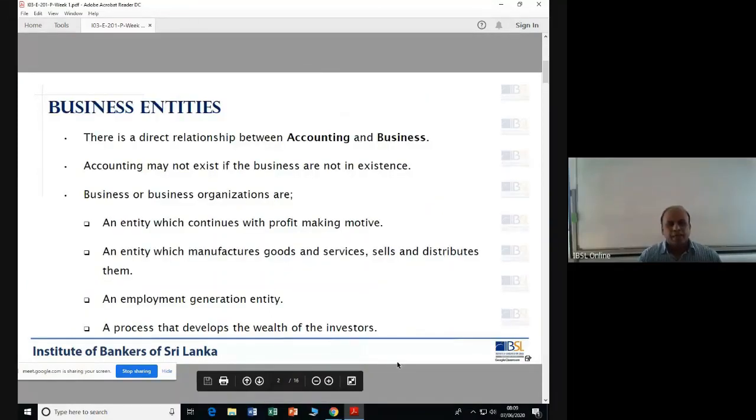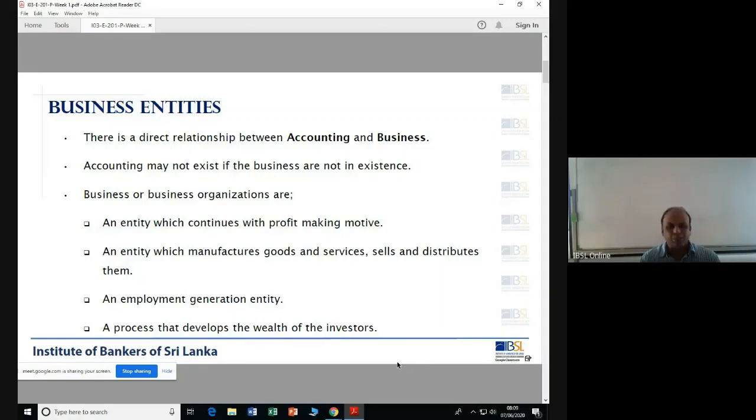There is a direct relationship between accounting and business. Why would I say that? Every business concern has to be accountable. At the end of the day, the result of your business is produced in the form of accounts, which are called the financial statements of your business.